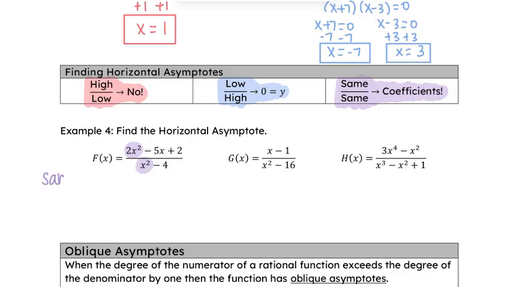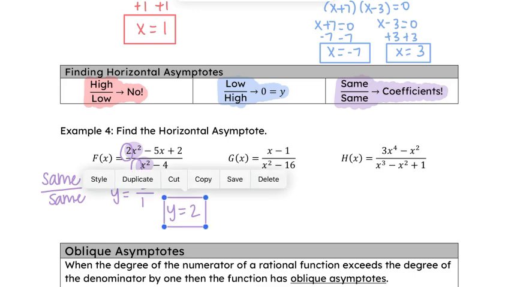If it's same over same, coefficients are the game. So I'm going to take the coefficient from the top and the coefficient from the bottom. The coefficient at the top is 2. The coefficient on the bottom is 1, because there's not anything written, it's an understood 1. So I just divide them. 2 divided by 1 is 2, so my asymptote would go across at 2.